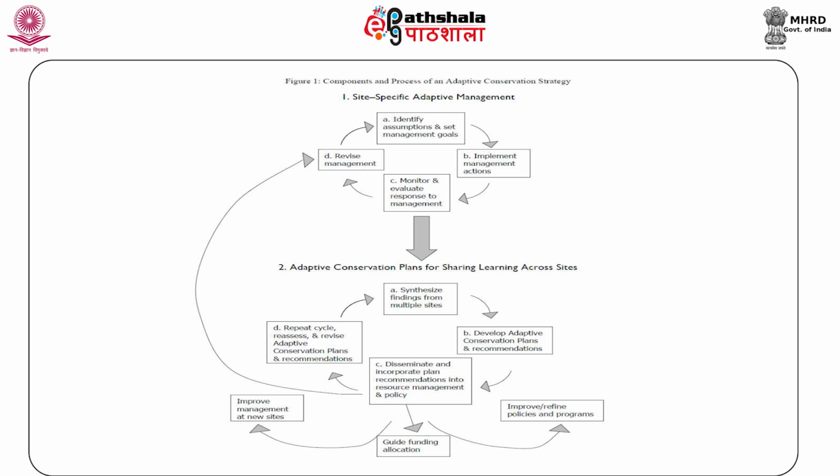In this figure, we can see the components and process of an adaptive conservation strategy. An adaptive conservation strategy can also be applied as a means of evaluating the success of conservation effort in biological terms. Adaptive conservation planning produces updatable web-based conservation plans and a basis for wide dissemination.